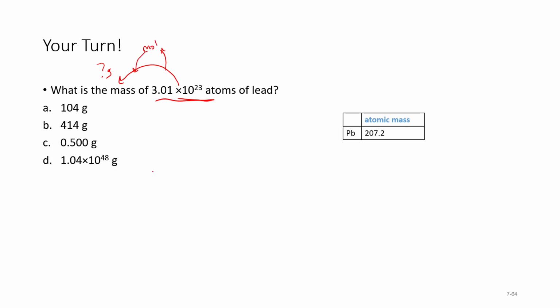So we have 3.01 times 10 to the 23rd atoms, and lead is Pb. That's our element symbol for lead. So atoms is on the top, we put atoms on the bottom. We have to get to that intermediary step of moles.